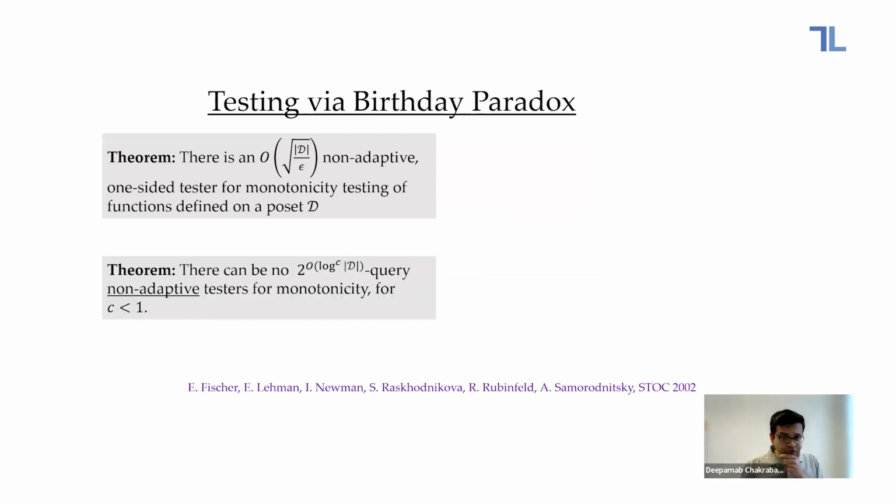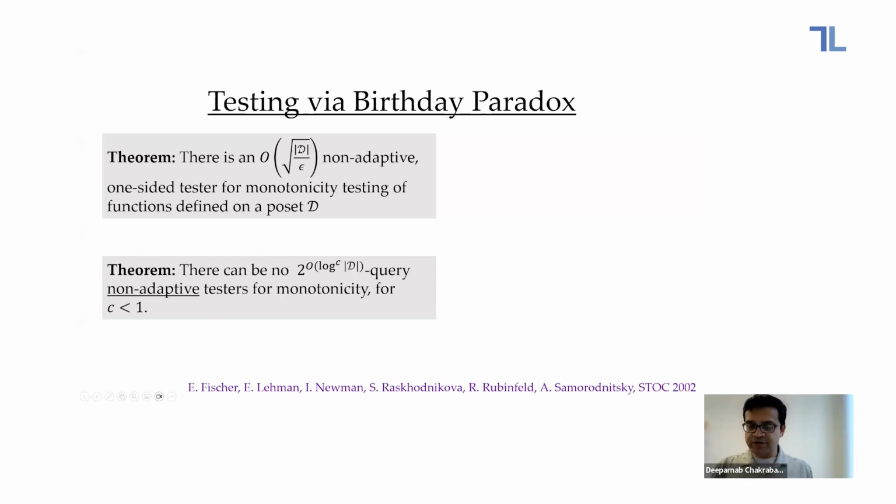What Fisher et al. also proved, and it's a very beautiful and non-trivial result, is that, again for general posets and general range, you cannot have really super good testers. This is a mouthful, but it basically says you cannot have a tester which is non-adaptive and makes only logarithmic or polylogarithmic queries in the size of the domain.